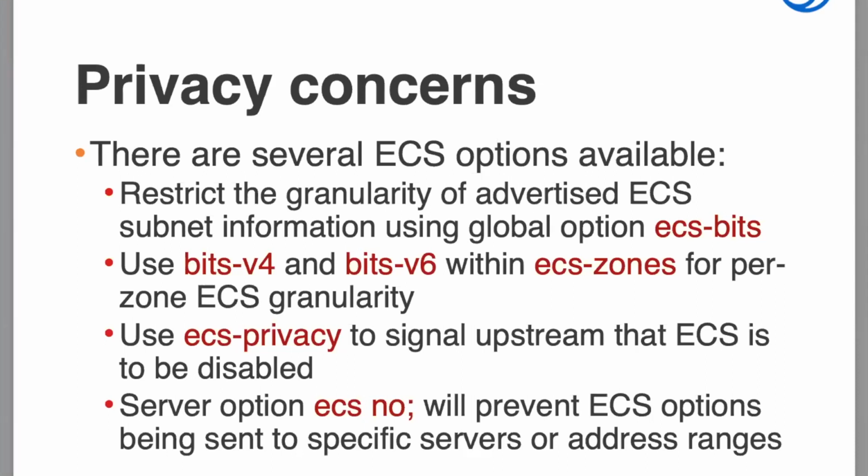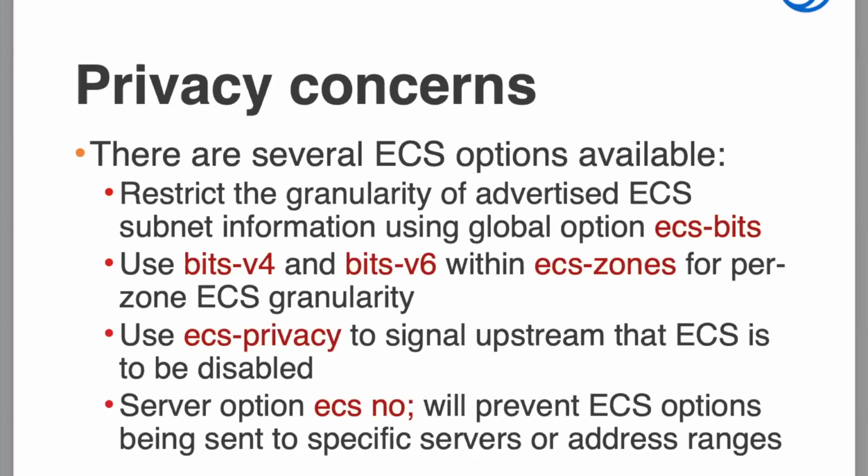There's another option, ECS privacy, that you might use, typically if you're in a forwarding environment, I think. And you've also got the ability to add exceptions because, you know, authoritative servers do unexpected things.